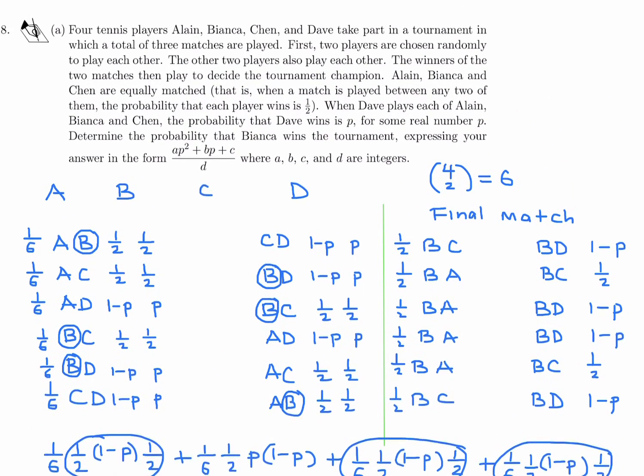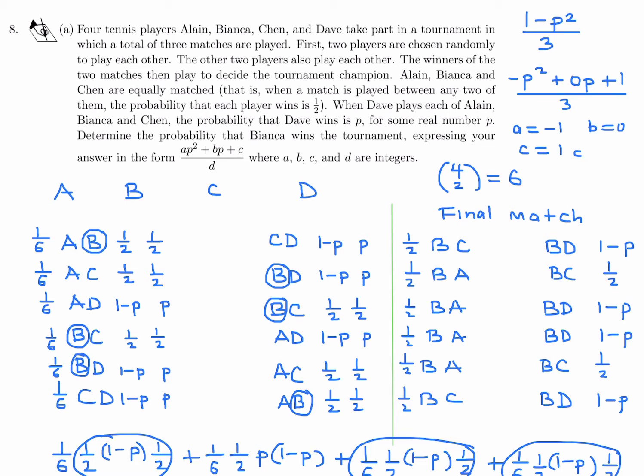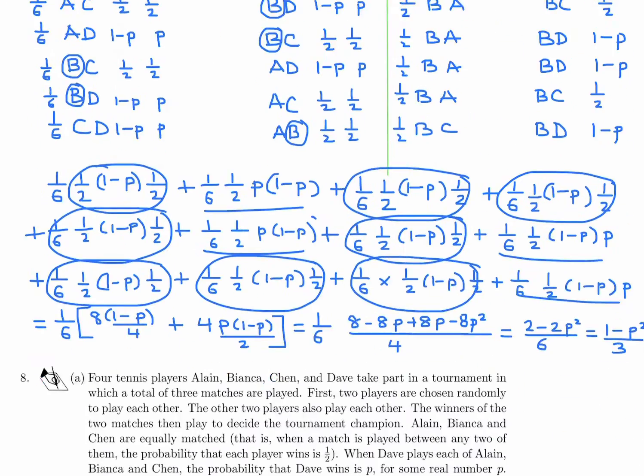But they want it in this format for some reason. Okay, I can get that. So my answer was 1 minus p squared over 3. And they want it in that form. So that would be minus p squared plus 0p plus 1 over 3. Where I guess A is -1, B is 0, C is 1, and D is 3. So for some reason they want it in that form, and there it is.